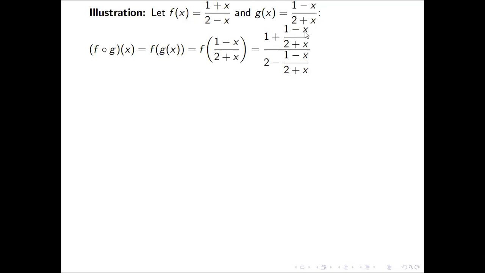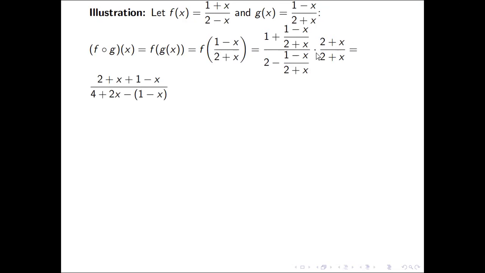And to simplify this one, we multiply by the LCD, which is 2 plus x over 2 plus x, which is 1, not affecting the value, but simplifying the expression. And if we distribute 2 plus x times 1, 2 plus x times this, 2 plus x cancels out.